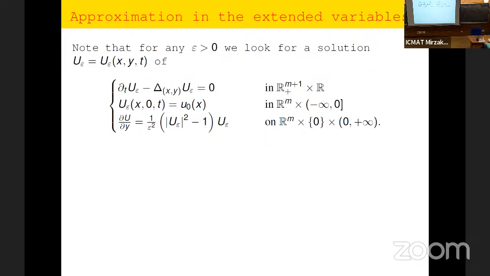Here I did everything in the case in which the target manifold is the sphere, but you can essentially replace the sphere with a closed, compact manifold. So it can be generalized to a more general situation. Yes.